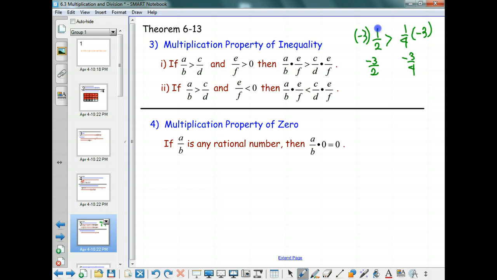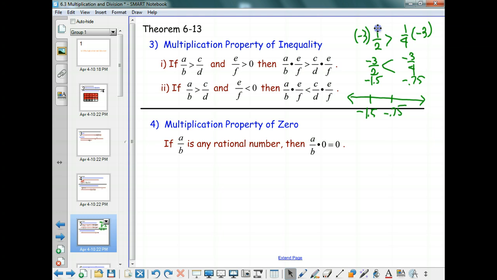So the -3/2 is a bigger negative number, but a bigger negative number is a smaller number. So this inequality changed, and if it helps you, you can do it in terms of decimals. So this is negative 1.5, this is negative 0.75. Thinking along a number line, here's negative 1.5 and here's negative 0.75. So it is in fact going to get smaller because it's further to the left. So that's what's happening when we multiply by negatives.